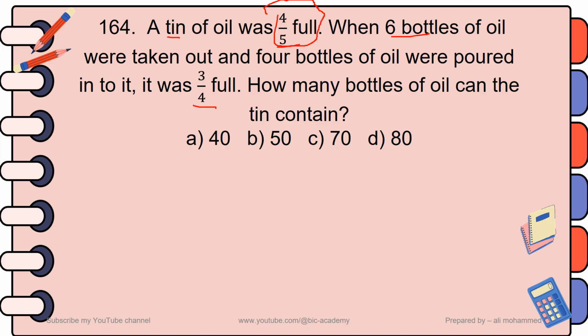That means 6 bottles were reduced from the tin, and again 4 bottles of oil were poured into it.